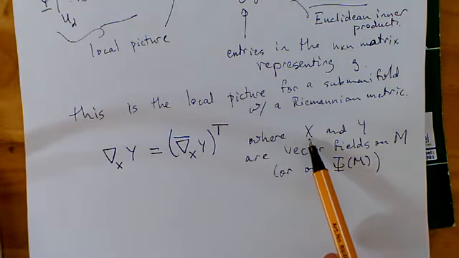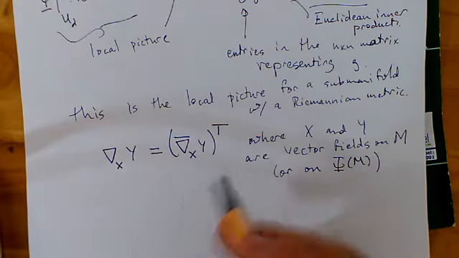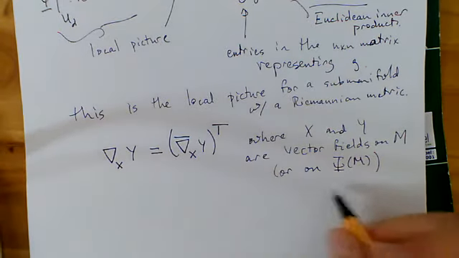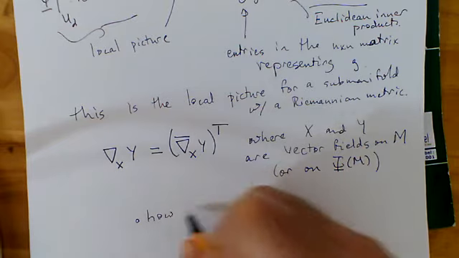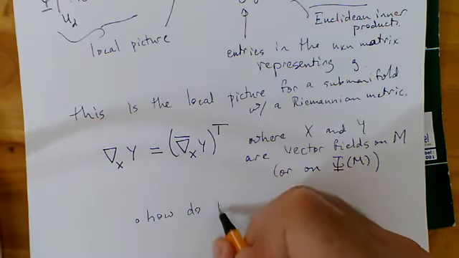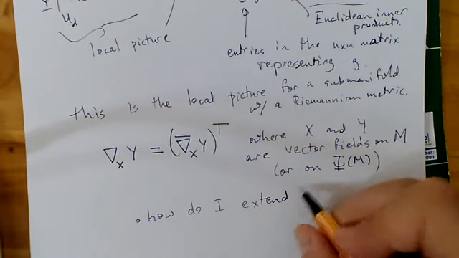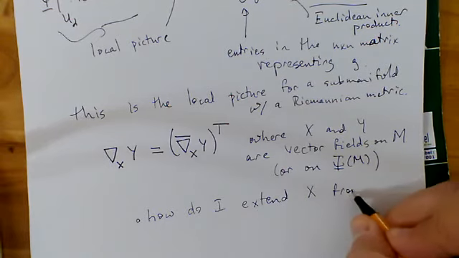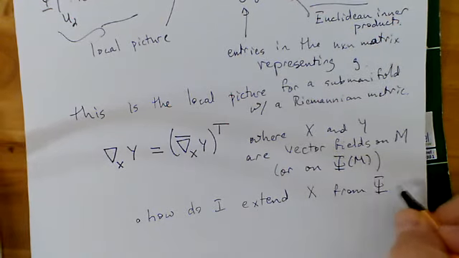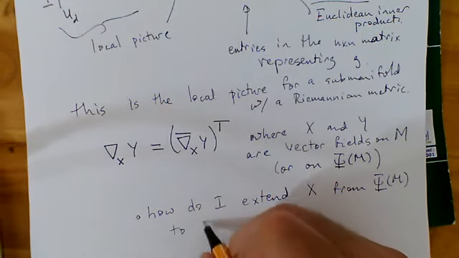what objects do I have here? I have vector fields defined on my submanifold. And my submanifold is really sitting in this larger space. So how do I extend X from my submanifold to the ambient space?